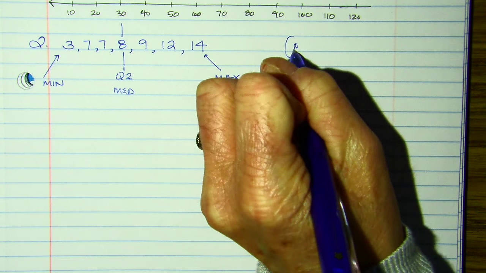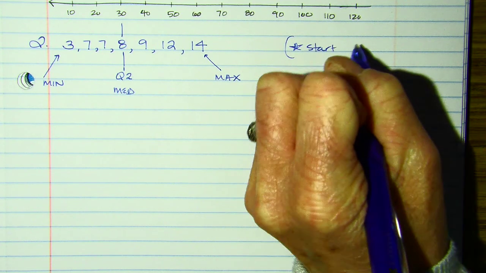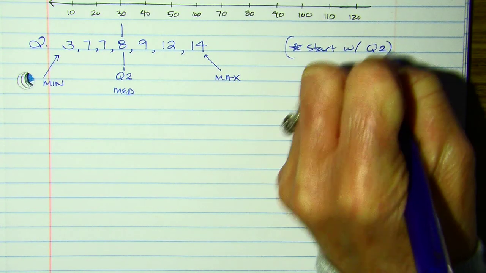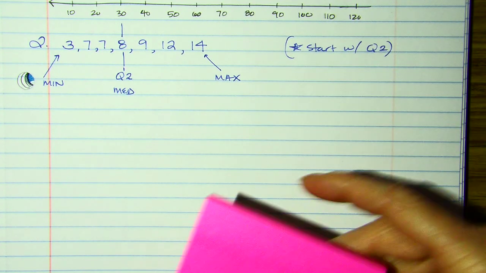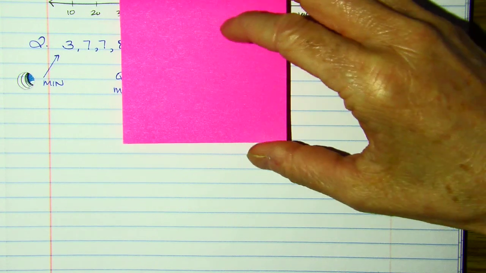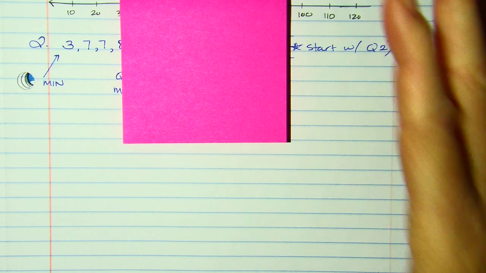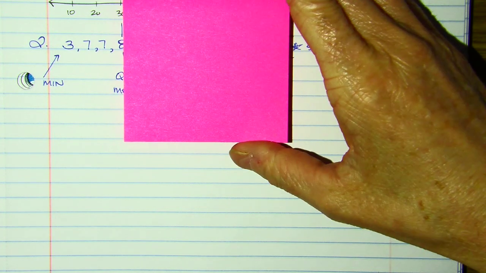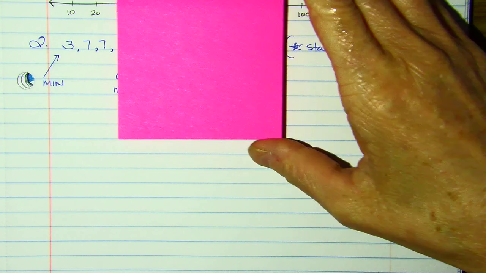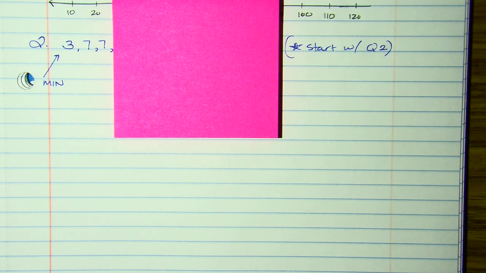So always start with quartile 2. Once you have quartile 2, I'm going to cover up this and look at the bottom half. If I cover up that 8, I have to divide this bottom half into 2 equal groups.